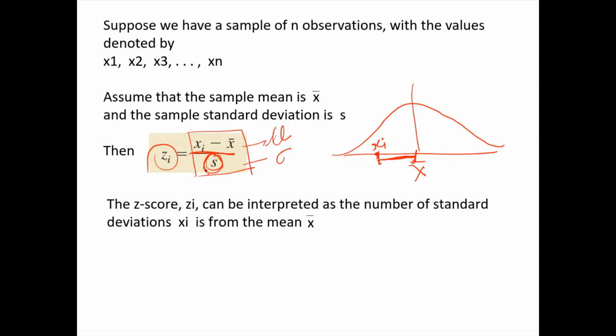So the z score zi can be interpreted as the number of standard deviations xi is from the mean x bar. And that is how the normal distribution concept says that we are trying to calculate the distances of all the data points from the mean, considering the mean at 0 and standard deviation at 1.